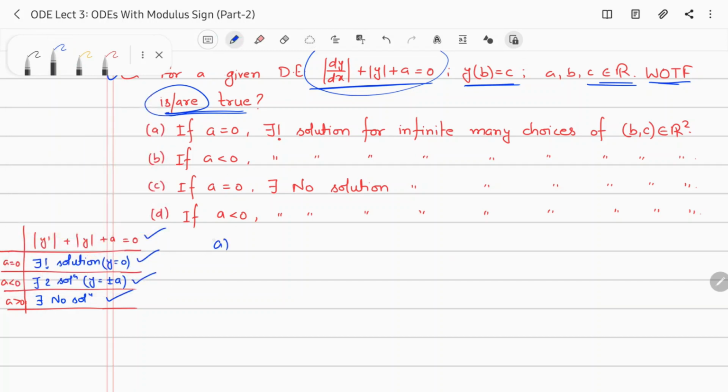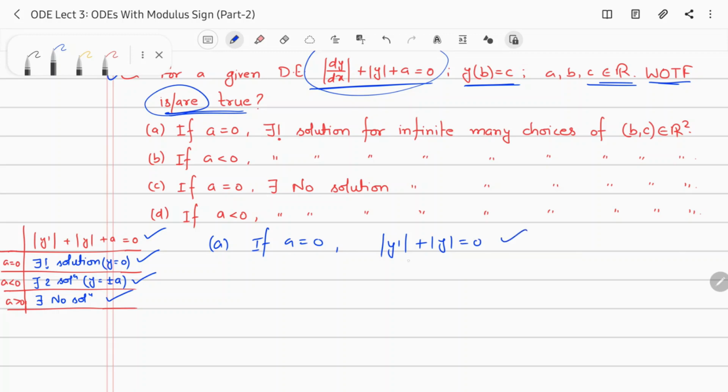So what does option A say? Option A says that if a equal to 0, then my differential equation will become mod y dash plus mod y equal to 0. And this is nothing but the first case of what we did in the last video.